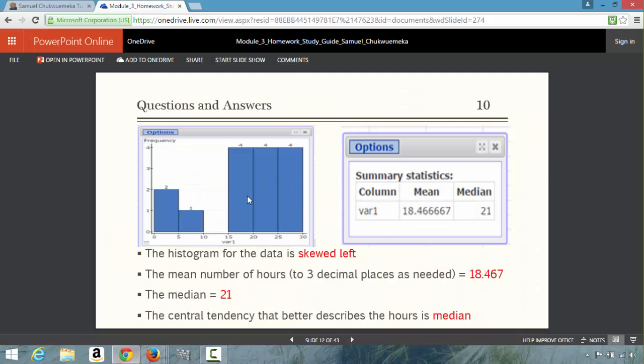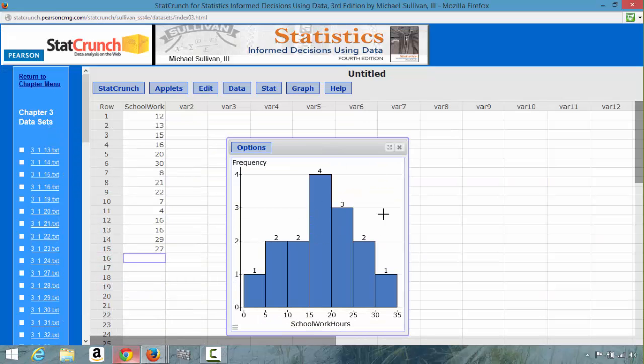That's why I just put it here. This gives you the frequency. But like I said, the nice thing is if you point your mouse, you don't need to click on it. You'll see the frequency right away.